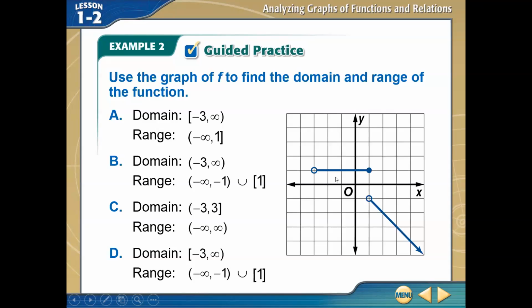Okay, so our domain looks like it's going to be negative 3, jump down once we hit 1, to a positive infinity because our graph continues to go without bound. Okay, so our domain is negative 3 to infinity. We have a bracket on negative 3 because it's not included.